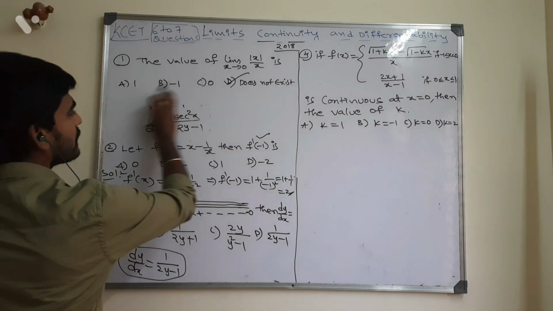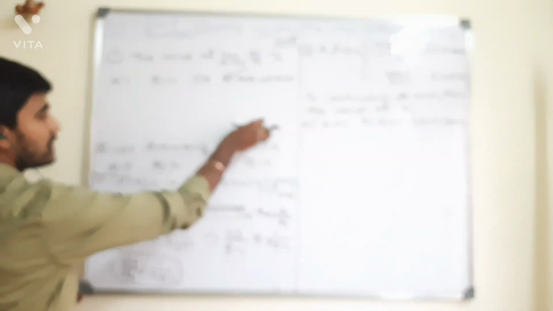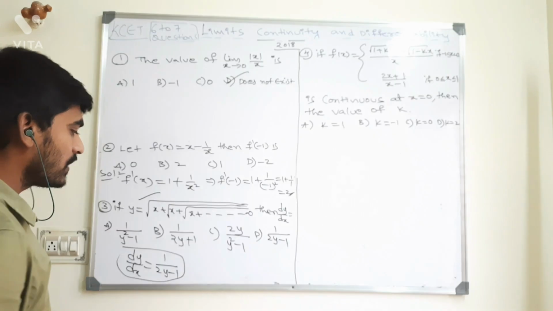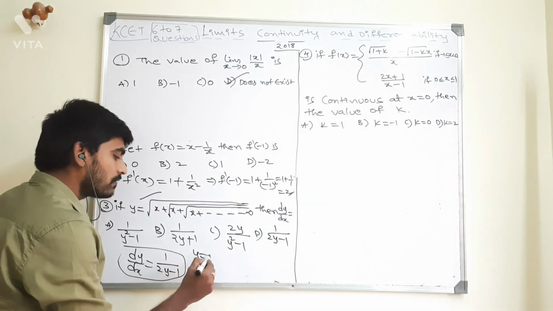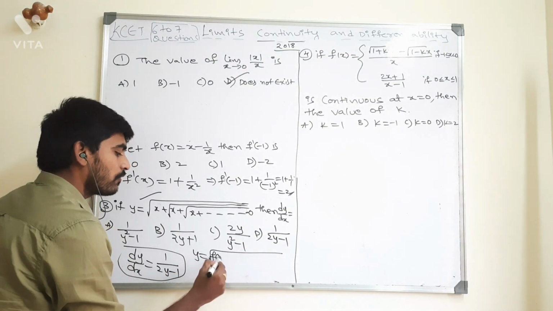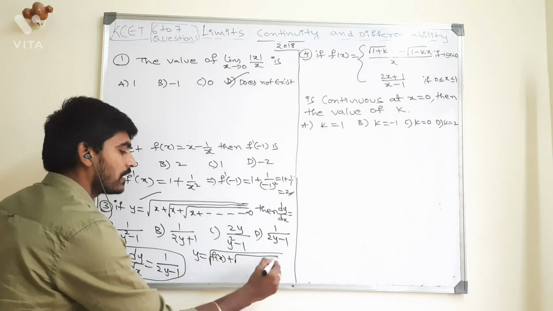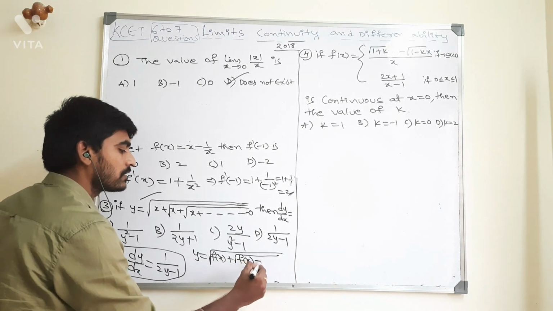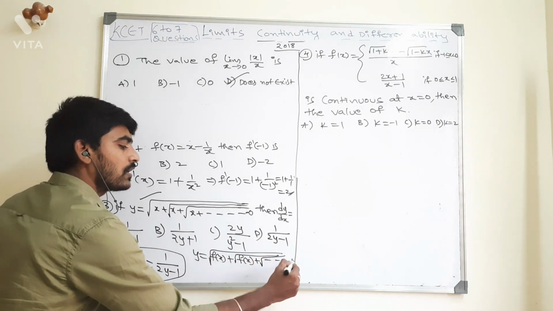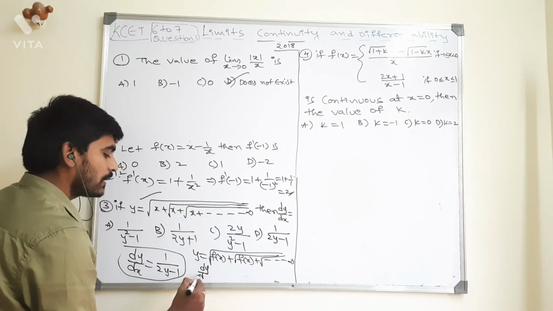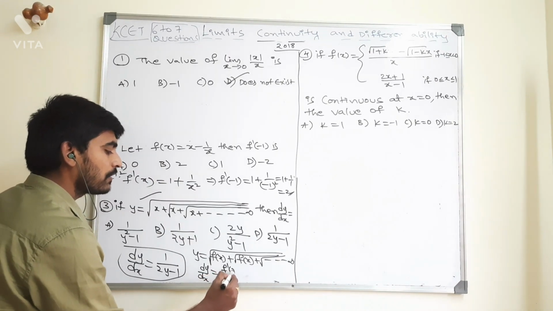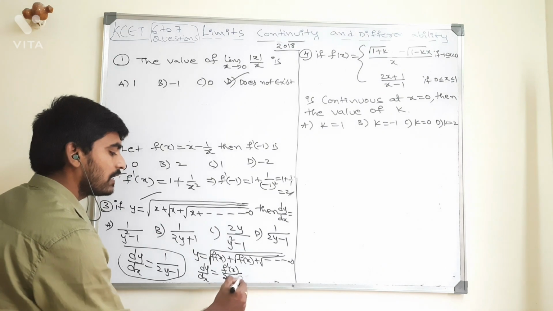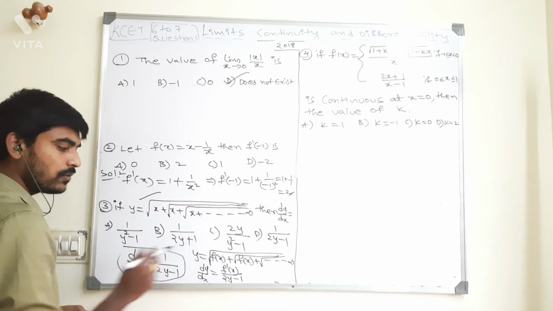If you remember the standard result, then it is so easy. See how easy this is. So when y is equal to f of x plus square root of f of x plus and so on up to infinity, then dy by dx is nothing but f dash of x by 2y minus 1.